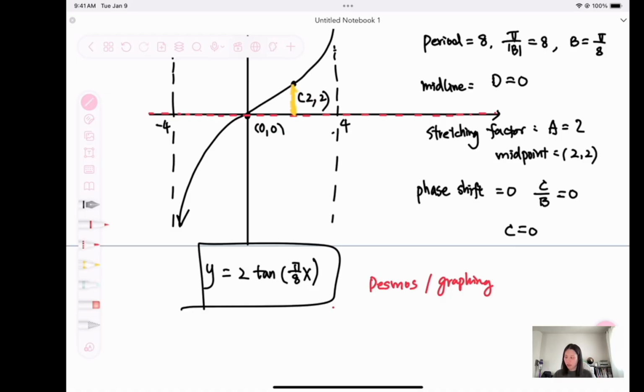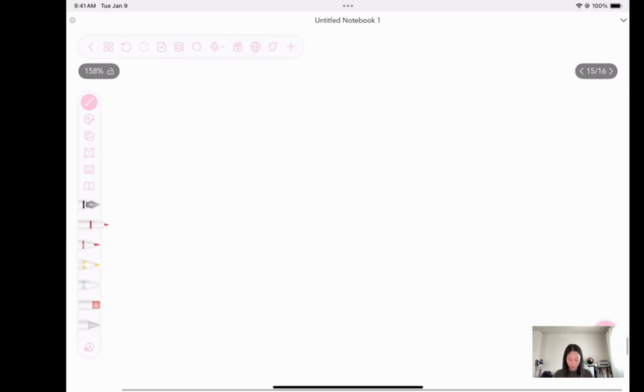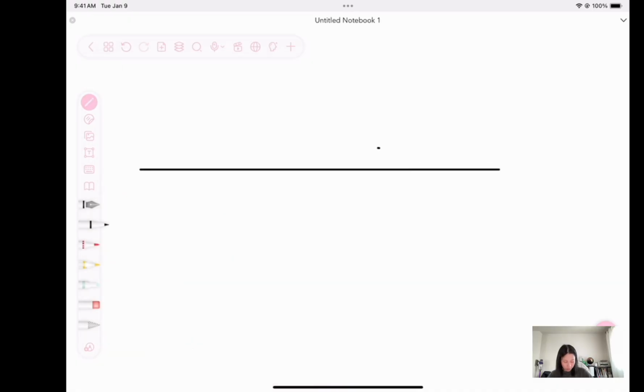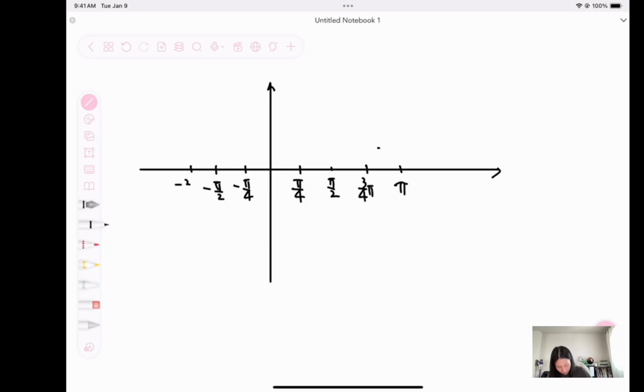Okay, let's do another exercise. Here is the graph. So I have pi over 4, half pi, 3 pi over 4, and pi. Here I have negative pi over 4, negative half pi, negative 3 pi over 4, and negative pi.